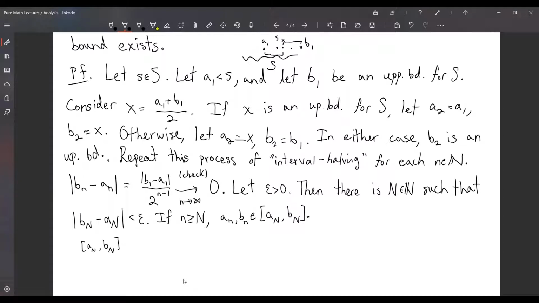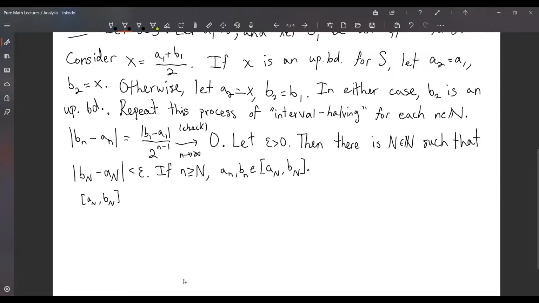Each time you construct a half interval, it's always going to be contained in the previous interval, and so I guess you could say by induction, you're always going to have subintervals.